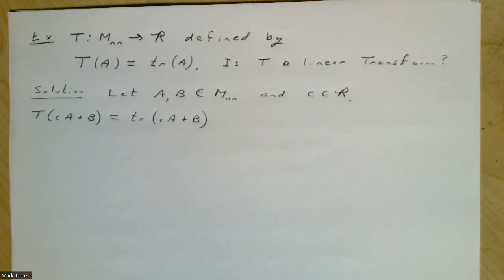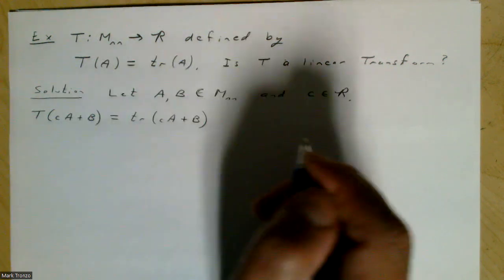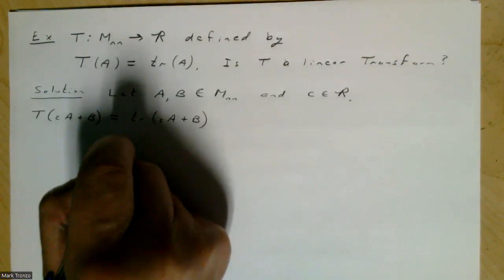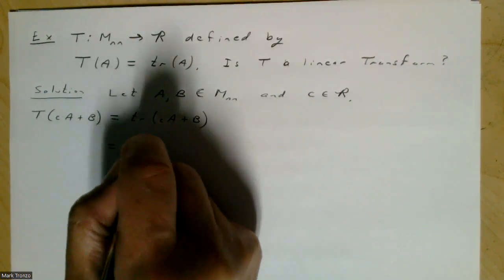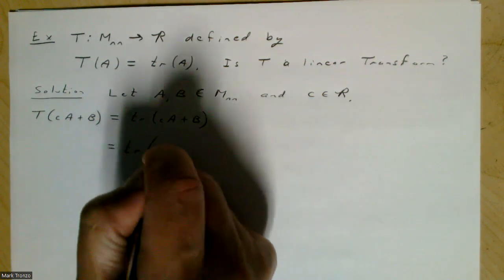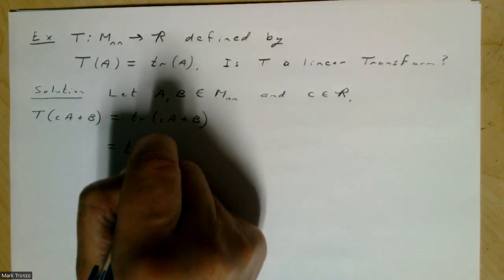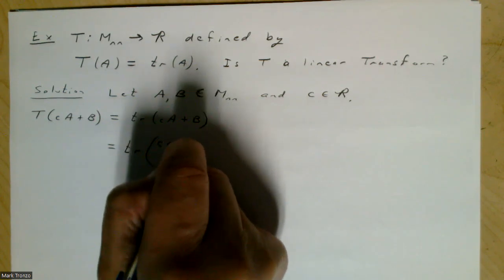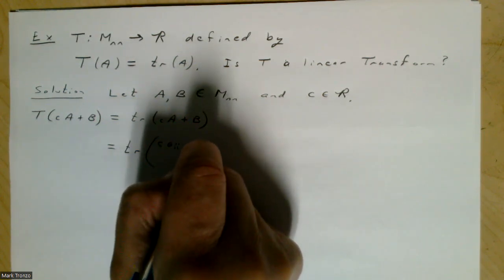Now remember, the trace is the sum of all of the diagonal elements. So let's think about this for a minute. Let me maybe show what we mainly have here. So we have, say, cA11 plus B11.